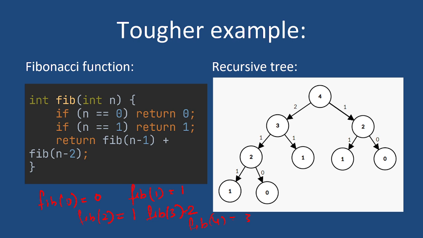So the time complexity for this function would be, any ideas? Maybe the recursive tree which is shown on the right side could help you. Well, this is actually a tougher example for you, but you can try to find the time complexity of this function.